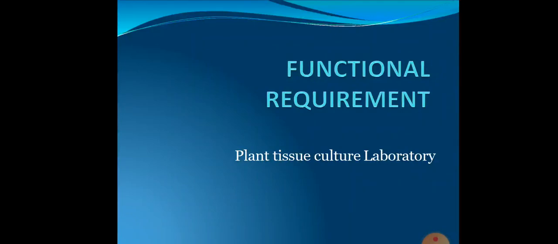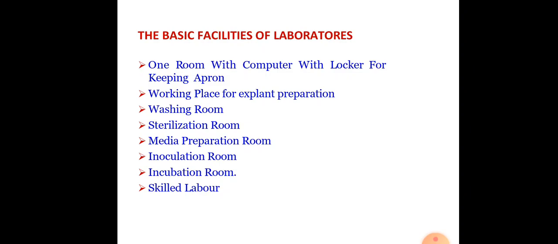Next, we are going to see the functional requirements of the plant tissue culture laboratory. The basic facilities of the laboratory include an office area, a room with a computer, and a locker for keeping aprons, and a high pressure fan to clean out external materials through the exhaust.